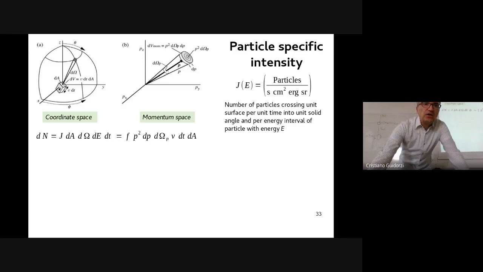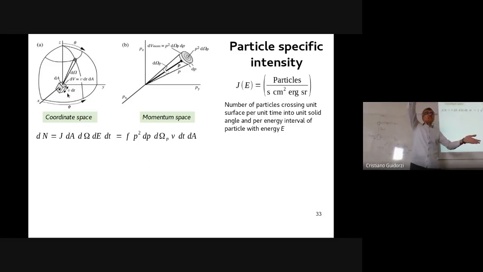So let's have a look at the coordinate space. What is the volume? Well, I'm considering all the particles crossing the surface within the time interval dt. Given that all the particles have almost the same velocity v, the particles crossing this element will be just all the particles in this elementary volume whose section is dA and whose depth is just v dt.